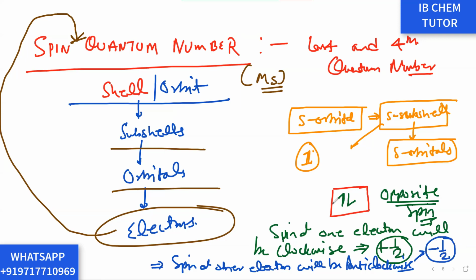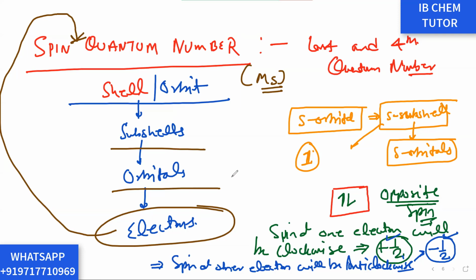Okay, so that's why whenever you fill the electrons in an orbital, they are always in opposite directions. So one electron has the clockwise spin, and to balance it out, the other electron has the anti-clockwise spin. So one is plus half and another is minus half.